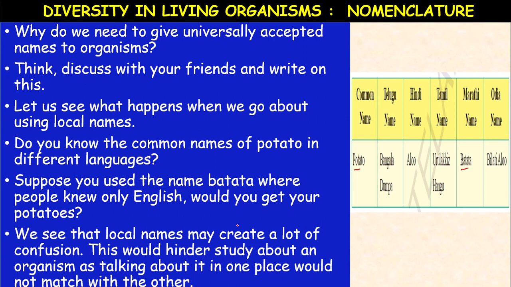People identify with local names, isn't it? So we see that local names may create a lot of confusion. This would hinder the study of any organism, as talking about it in one place would not match with another. That's why one universal name, called the scientific name, is given to avoid the confusion. That's the reason there is a necessity of nomenclature.